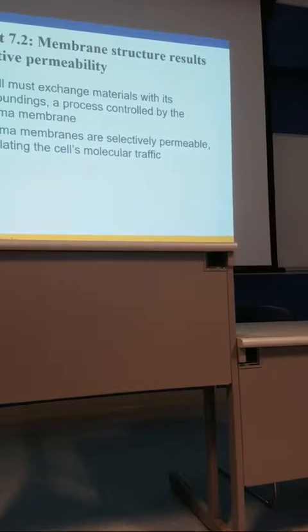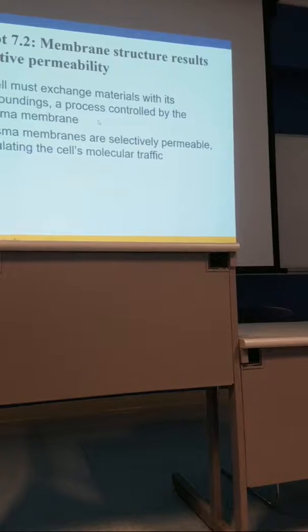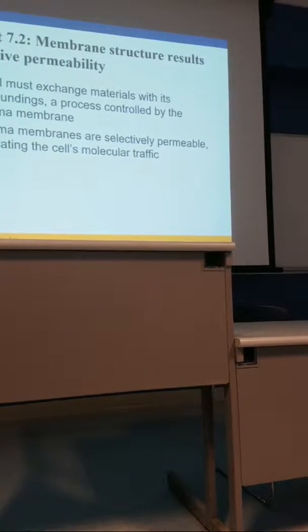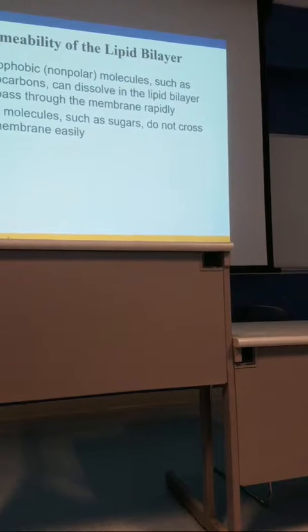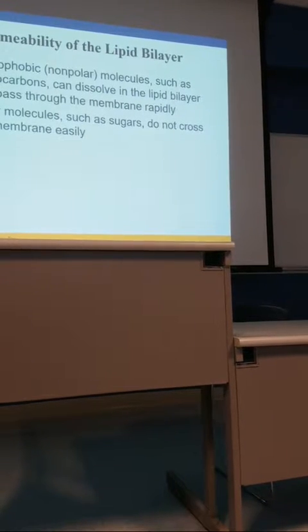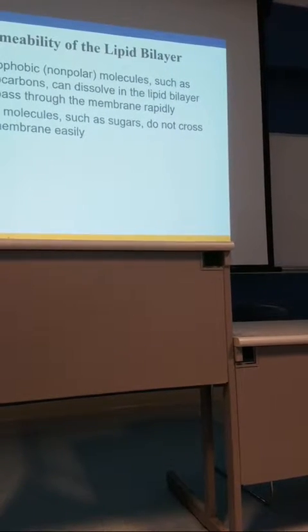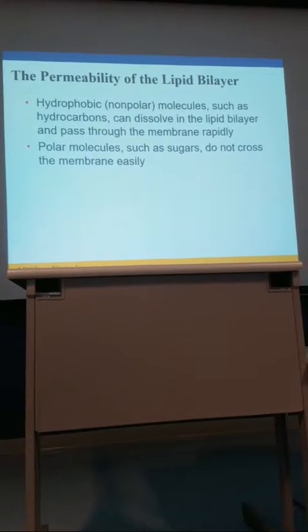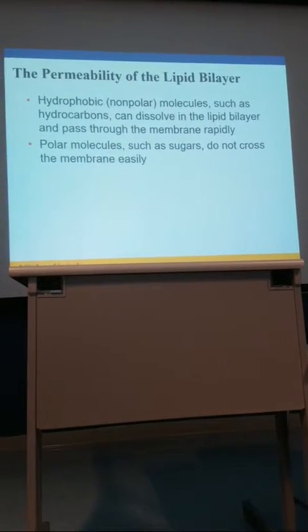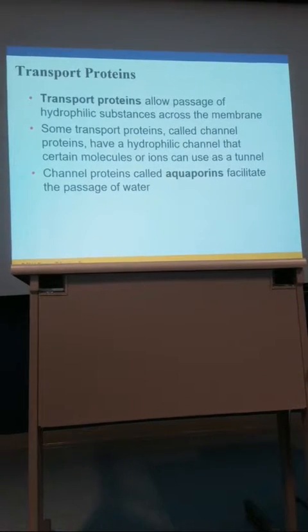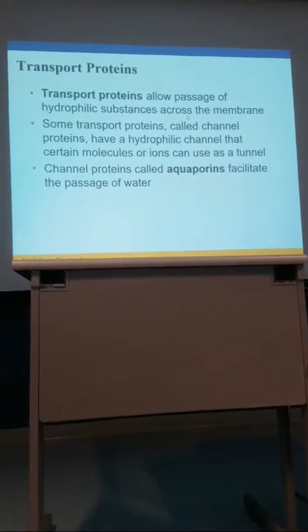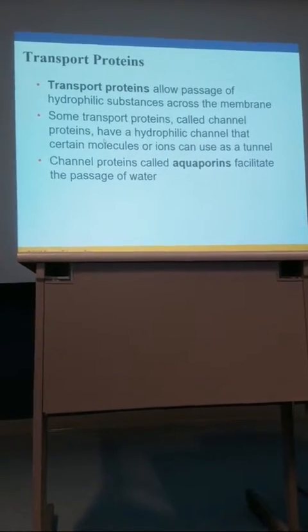Selective permeability is, if you read it, just the ability of the cell to decide what comes in and what goes out. There are different ways that this can happen. This is once again just talking about the hydrophobic and hydrophilic part of the membrane and the molecules that go through. A transport protein allows substances in or out.